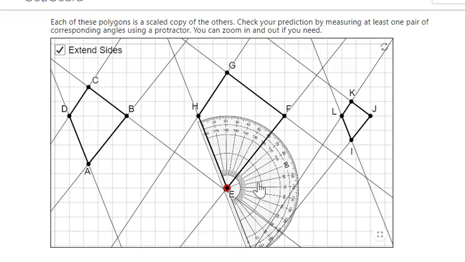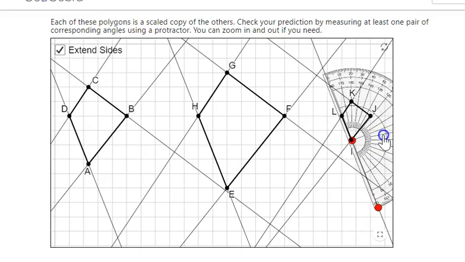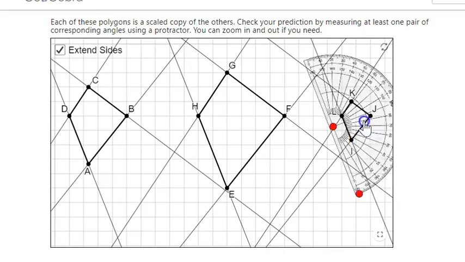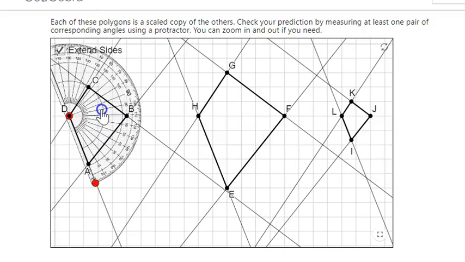Yeah, it looks like it's 60 degrees as well. And there we go. Yeah, it looks like LIJ, so at least this bottom angle in all of them is equal. What about this angle here, ADC?